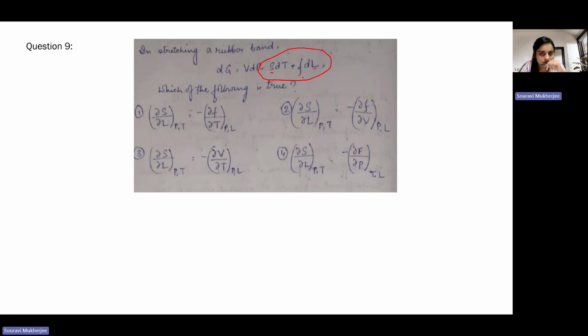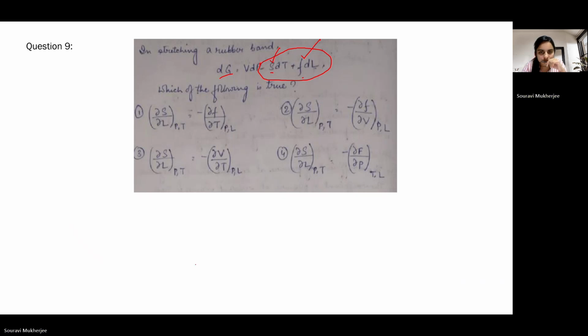That gives you S and F in terms of some partial derivative of G with respect to T and L, right? And then here you can see that there are all these relations that relate S and F or V, right? So that means you have to find derivative of S or derivative of F or derivative of V, things like that, right? So V will anyways not come because you're getting rid of this term here.